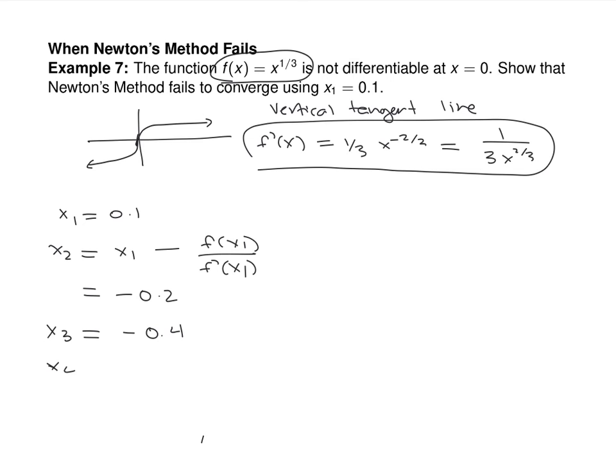When you find x4, you get negative 0.8. What do you think happens when you find x5? You get negative 1.6. Every time you repeat this process, your answer is multiplying by 2, right? So do these numbers appear to go to a specific value? No. So these numbers keep increasing, or, well, decreasing, I guess. And it fails to converge.